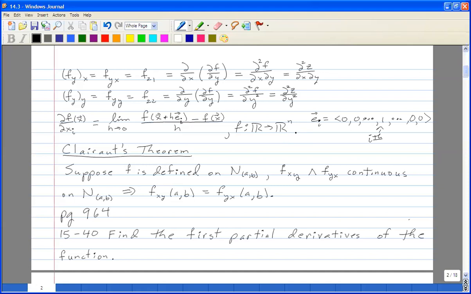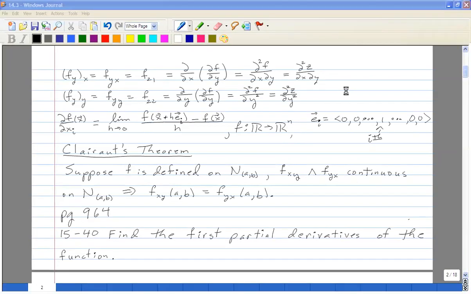Many times the mixed partials are the same. So let me give you Clairaut's theorem.